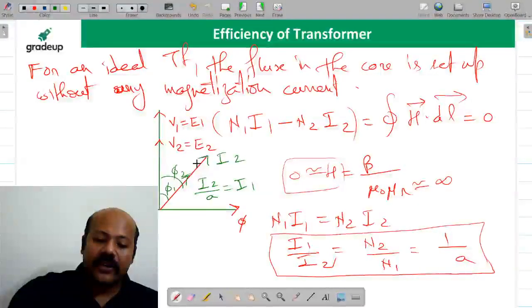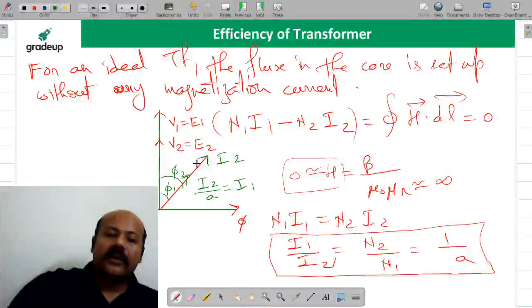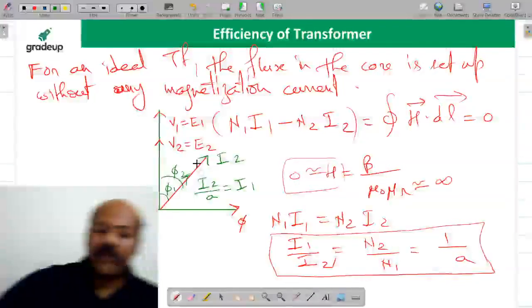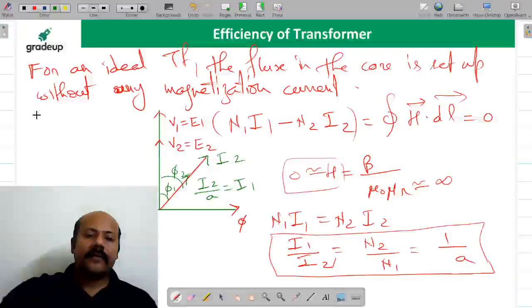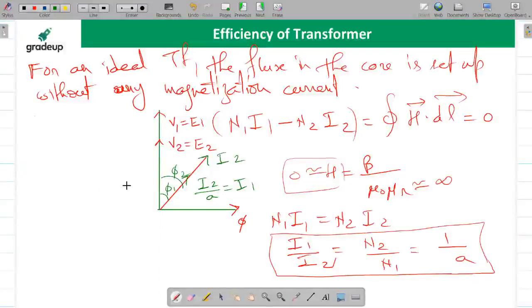Now, one more important point I am going to write. Let me remove my photograph so that you can see the content. We are saying V1 upon V2 is equal to N1 upon N2, and this we are writing as A, and this we are writing as I2 upon I1.